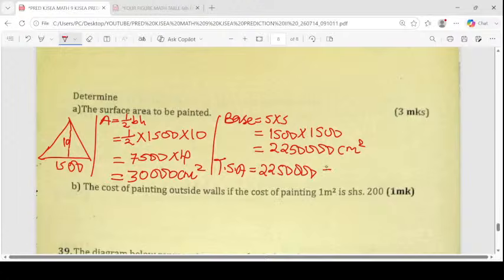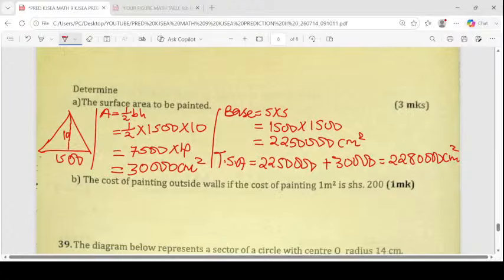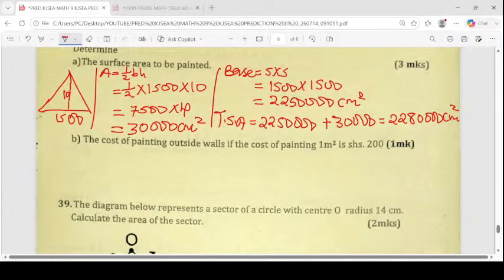So now to get the total surface area, you take 2,250,000 plus 30,000. This will be giving you 2,280,000 square centimeters. Part B, the cost of painting outside walls: painting 1 square meter is 200.